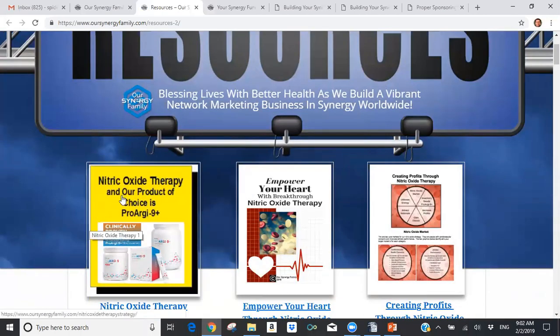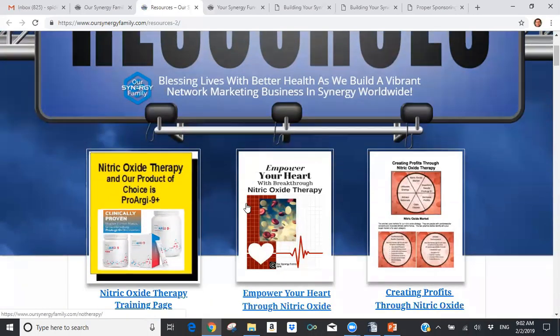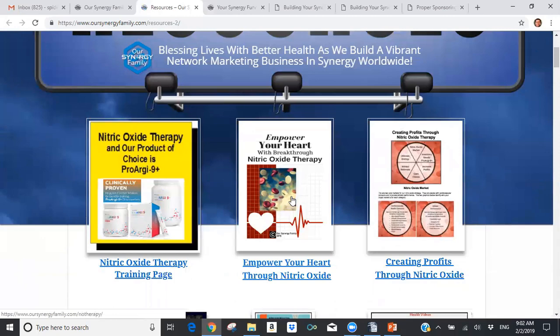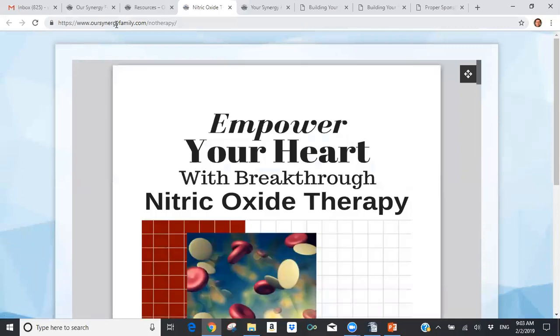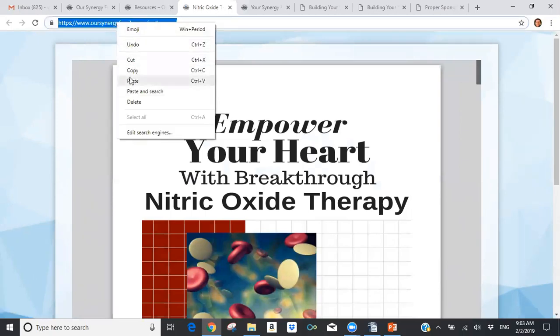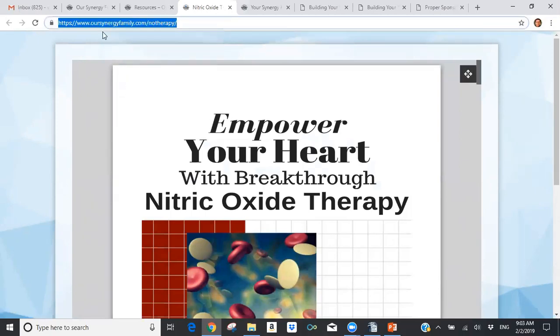As you can see, the first area is nitric oxide therapy, and right there is the image for the PDF for the nitric oxide therapy ebook. All I had to do was show them where that's located. You click on the image, that image loads up the PDF for our nitric oxide therapy ebook, and then all you have to do is right click and copy that URL, and you can send it to an individual.